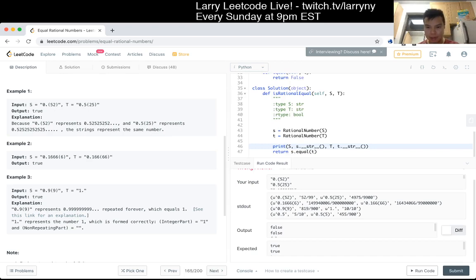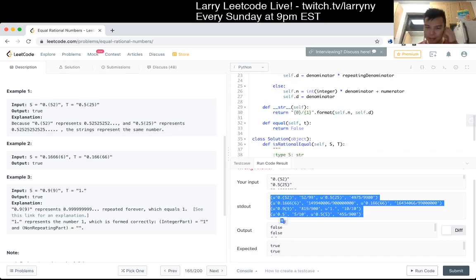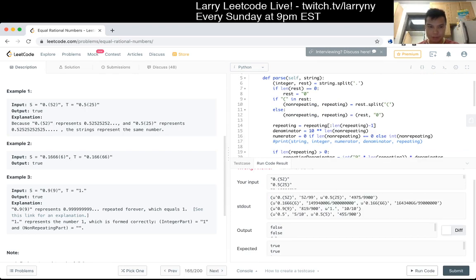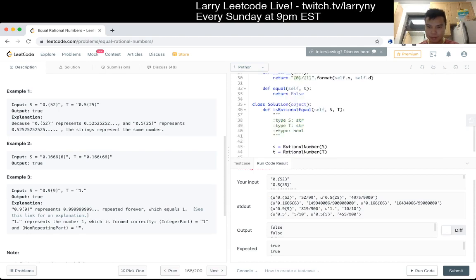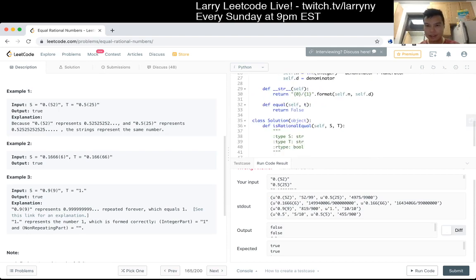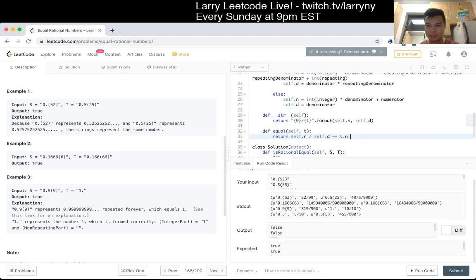I think I have it off by something. Well, let's print this. Self dot n self dot d is equal to t dot n over t dot d.